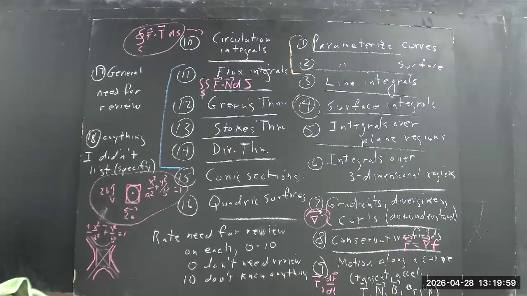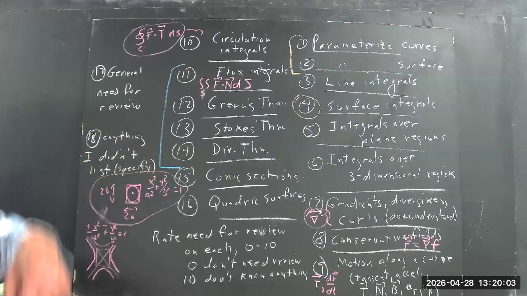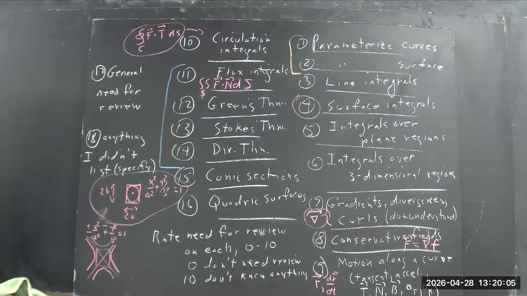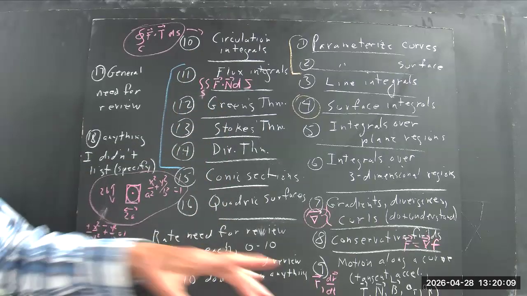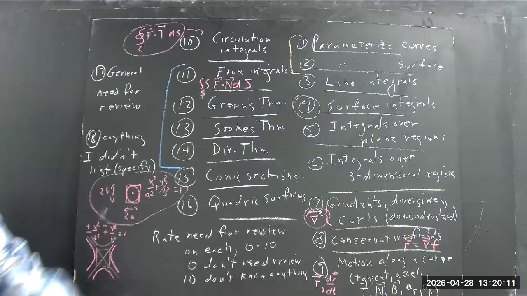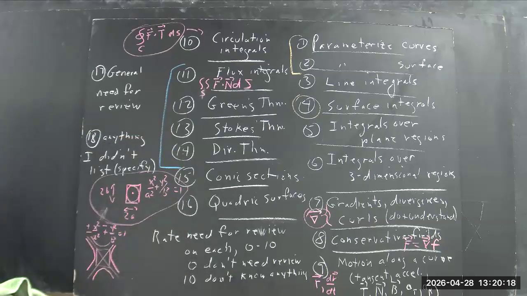Now, if these things are translated to where this is, instead of the origin, a point (H, K), then you're just shifting everything H units in the X direction, K units in the Y direction. And X becomes X minus H, and Y becomes Y minus K. There you have it. Now you've got to do some algebra.